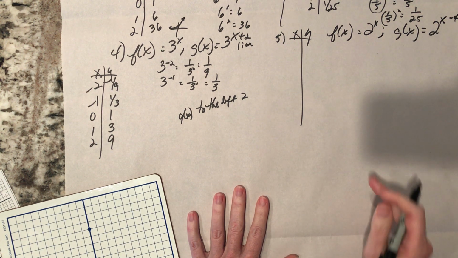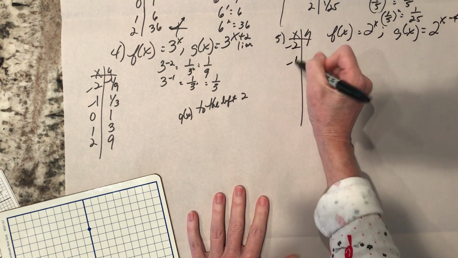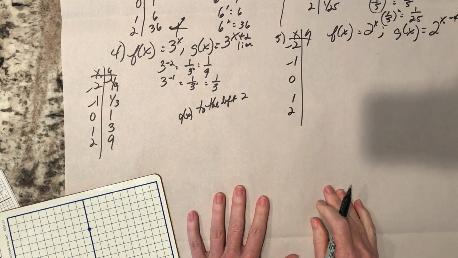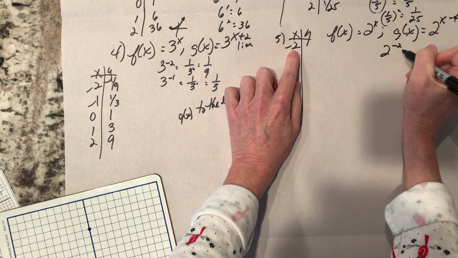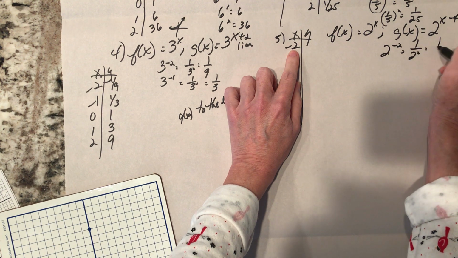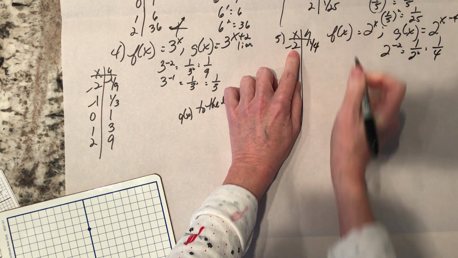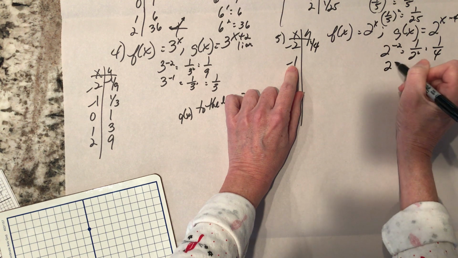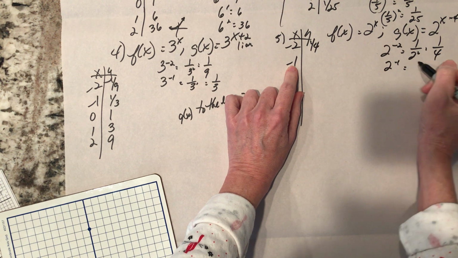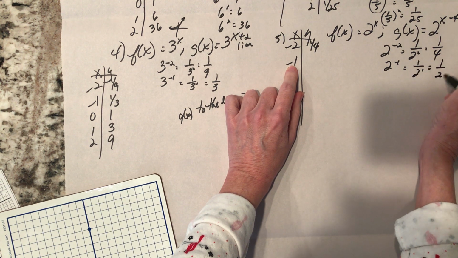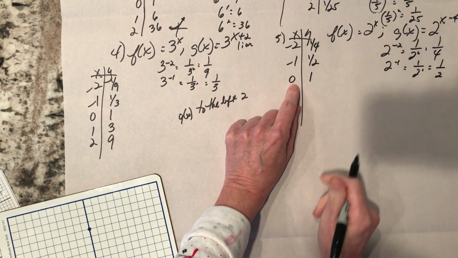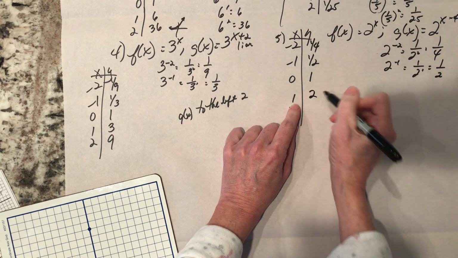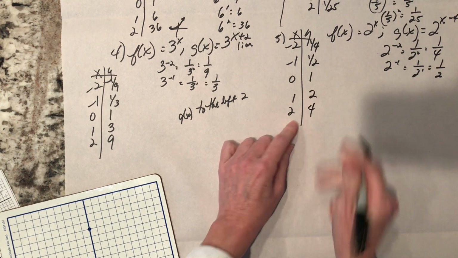We put -2, -1, 0, 1, and 2 on the x column of your t-table. 2 to the -2 is 1 over 2 squared, so 1 over 4. 2 to the -1, negative exponent says move me, so we get 1/2. 2 to the 0 power, always a 1. 2 to the first power, and 2 to the second power.